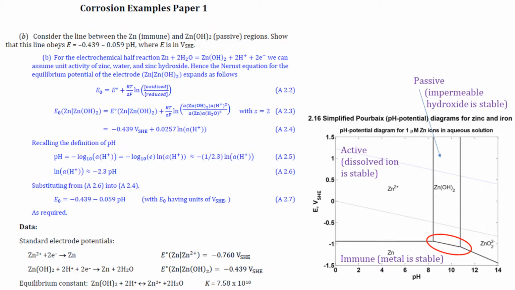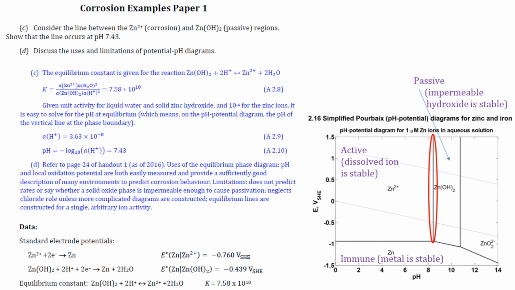You can then draw on the definition of pH in equation A 2.5, so pH is minus log base 10 of hydrogen ion activity, and then you can simplify numbers and get equation A 2.7 for the diagonal line on the equilibrium phase diagram as required.